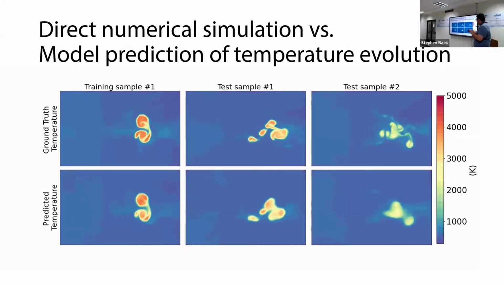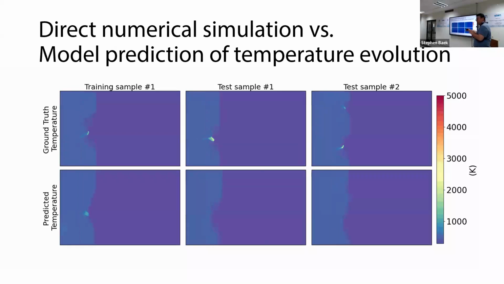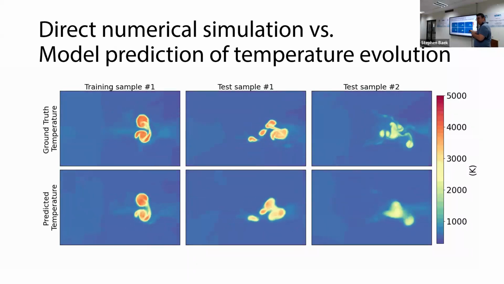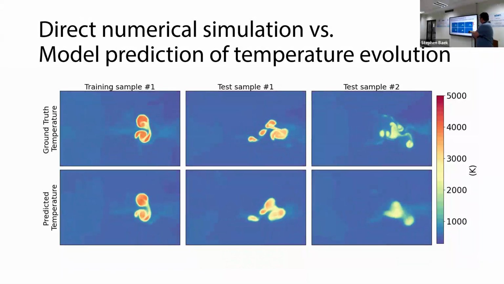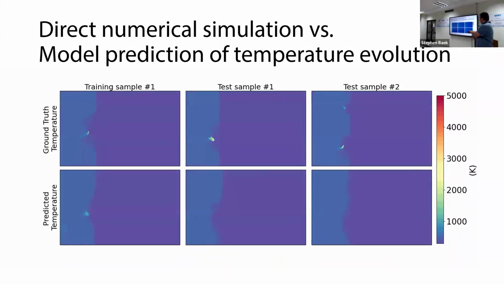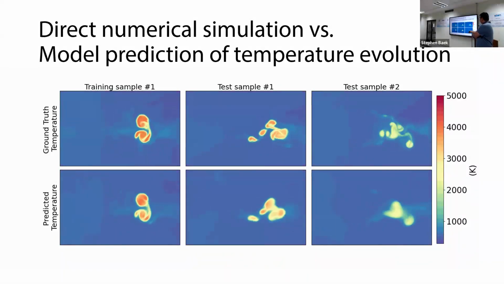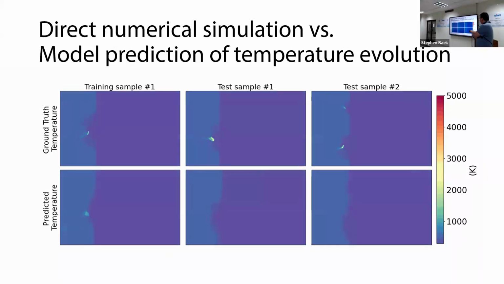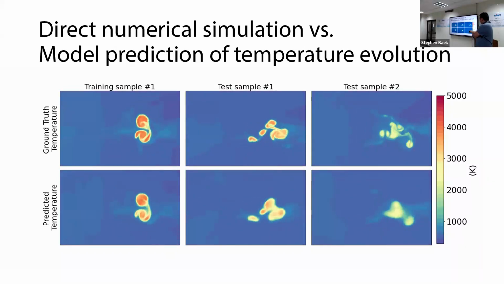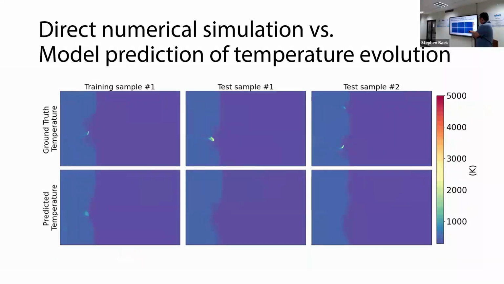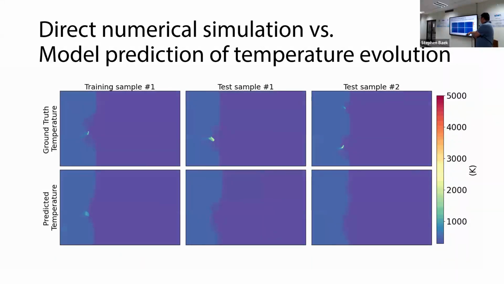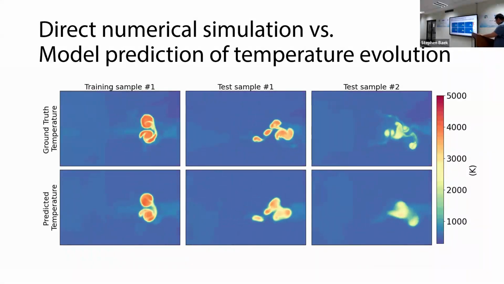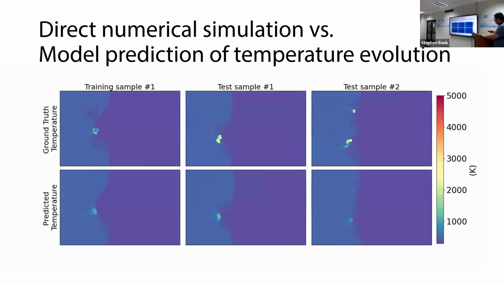But as you go further in time, the prediction becomes blurrier, blurrier, blurrier. But with that caveat, you can see that the predicted temperature field is pretty close to the original dynamics, despite the fact that we're learning the dynamics in a space where the dimension is only 1/64th of the original dimension.